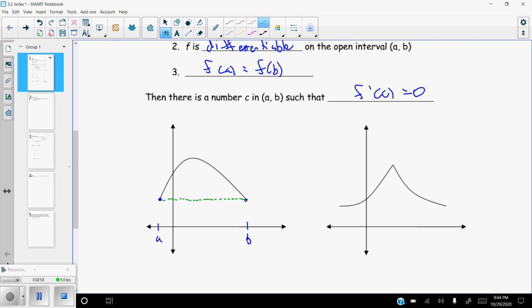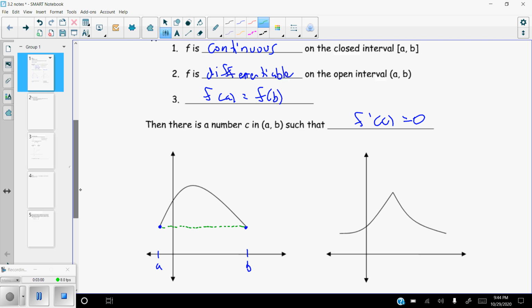And because of that, someplace else on this curve, because it fits the criteria: 1, it's continuous from A to B, 2, differentiable between A and B because there's no issues there, and f of A and f of B are the same. If that's the case, it's telling us that at some point on that curve, you're going to have a horizontal slope, or f prime of c equaling 0.